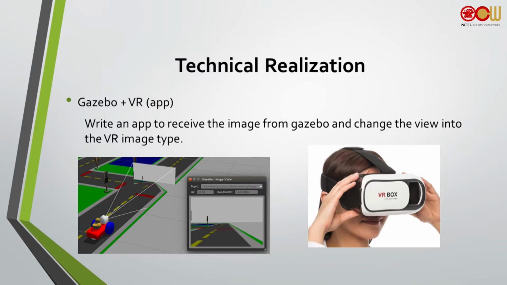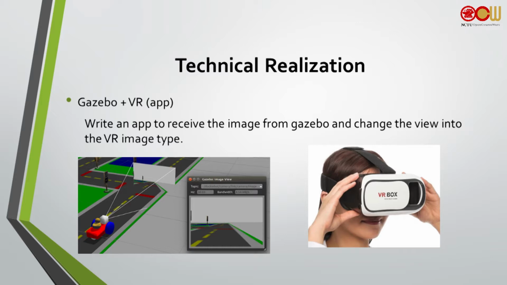And the second part is Gazebo and VR. And this part has many more things to do because we hope to write an app that can receive the image from Gazebo. And for the image data, I hope to put 2 cameras in front of the car to get two images in the virtual world.